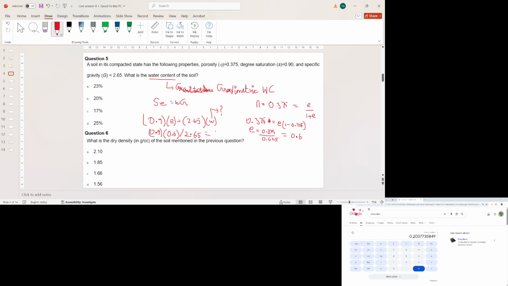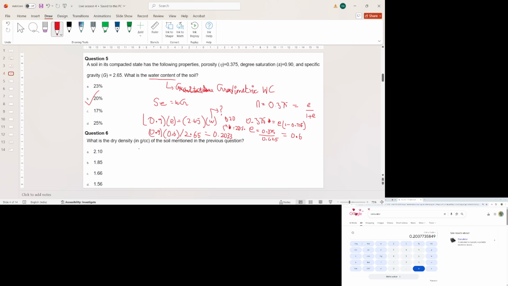It's going to be 0.2033, which is approximately 0.20 when rounded off to two decimal places. It's going to be 20%. Now the answer is option B. Any doubts?